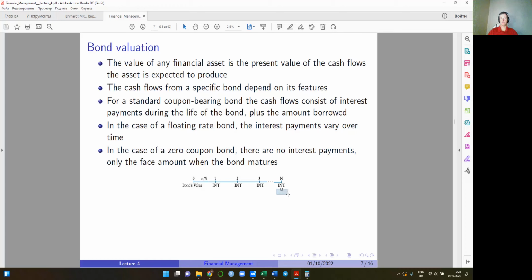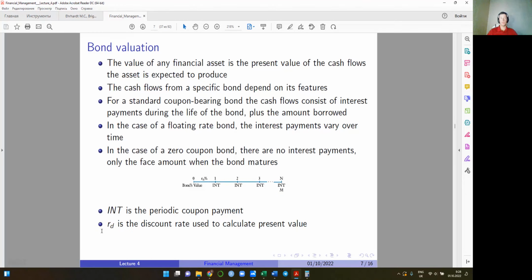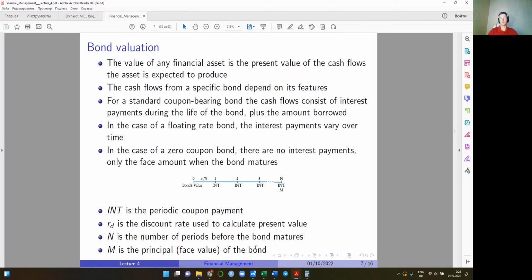And also we have a face value here, it's capital N. So Int is a periodic coupon payment. RD is a discount rate that is going to be used to calculate present value. N is the number of periods before the bond matures, and M is the principal or face value of the bond. So that's the structure of a cash flow.